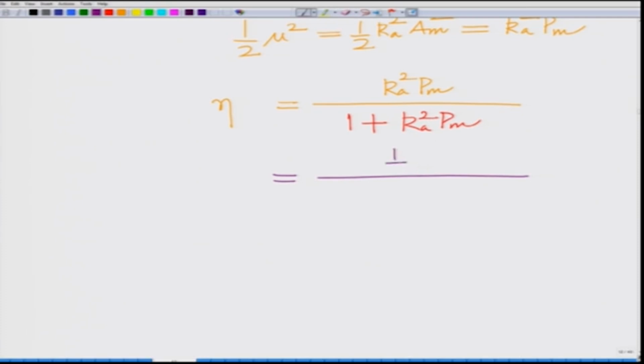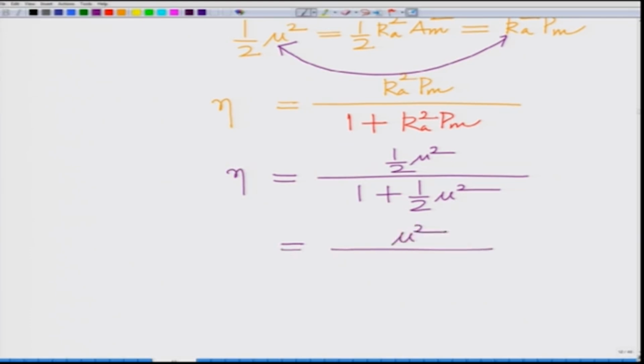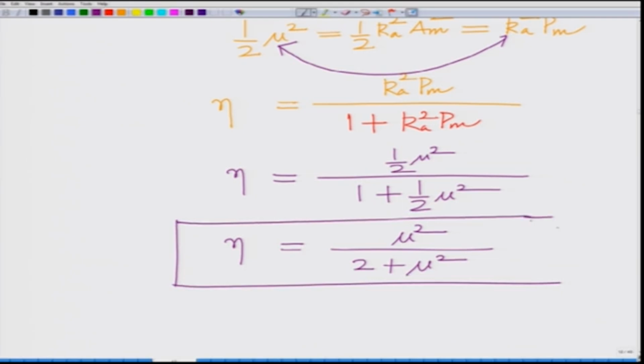Well, K_a squared, we have just shown that half mu squared equals K_a squared P_m. So this is half mu squared divided by 1 plus half mu squared, which is equal to mu squared divided by 2 plus mu squared, and this is another important relation for the efficiency of amplitude modulation for a sinusoidal modulating signal, correct?